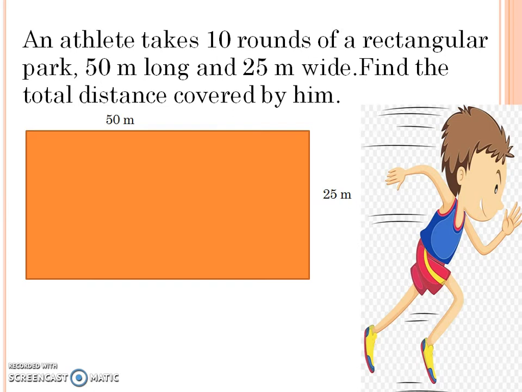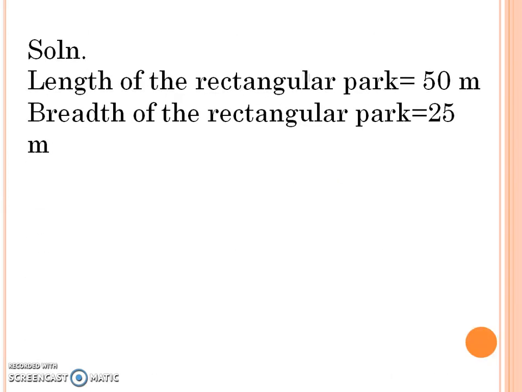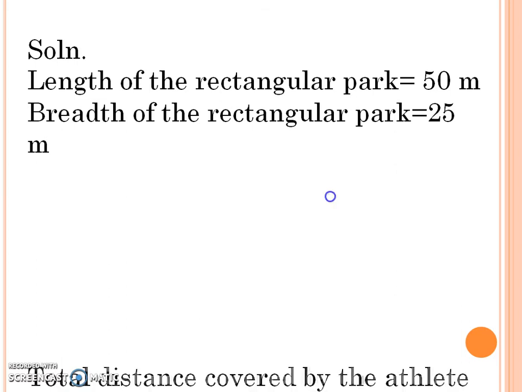Let us solve another problem. An athlete takes 10 rounds of a rectangular park which is 50 meter long and 25 meter wide. Find the total distance covered by him. Okay, now as you all know, the shape of the park is rectangular, so the length of the rectangular park is given to us as 50 meter and breadth of the rectangular park is given to us as 25 meter.